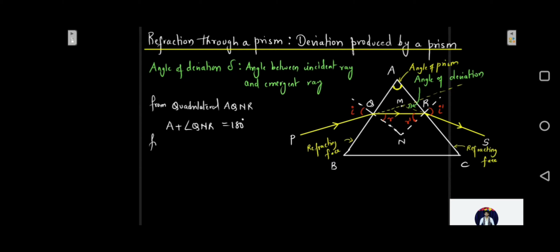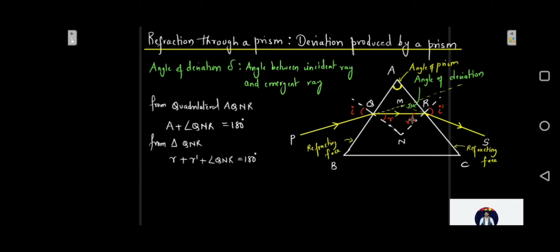Now, if I consider triangle QNR, I can say that r plus r dash plus angle QNR will also be equal to 180 degrees because of the angle sum property for a triangle, that is, the sum of all the angles in a triangle is 180.